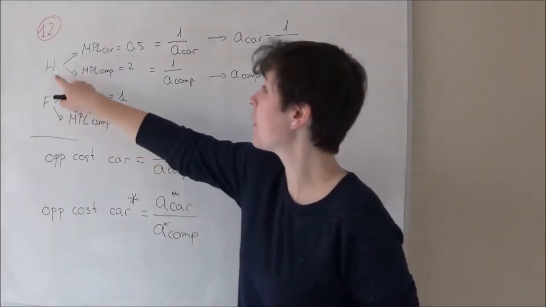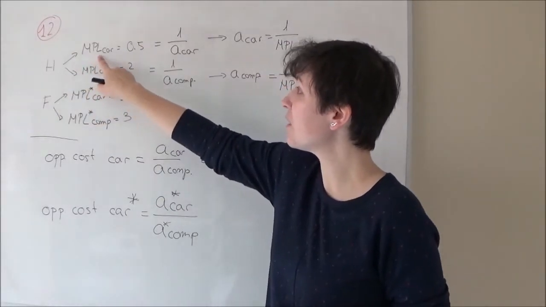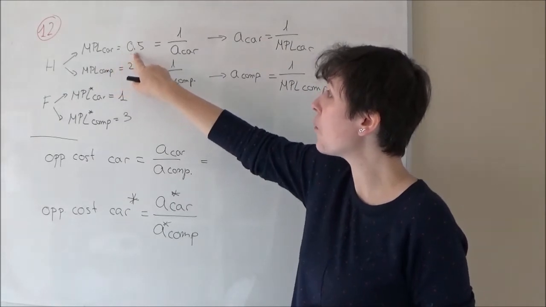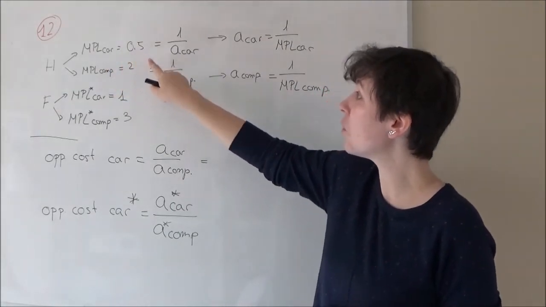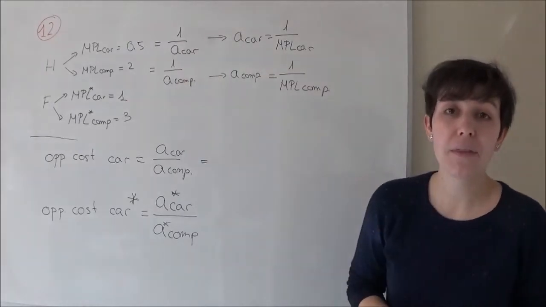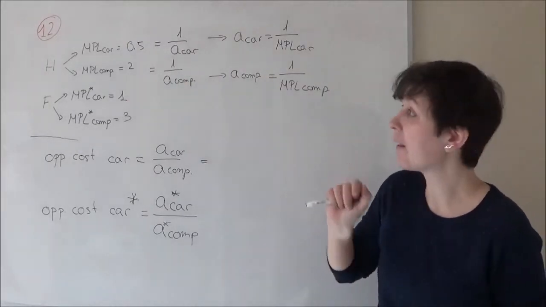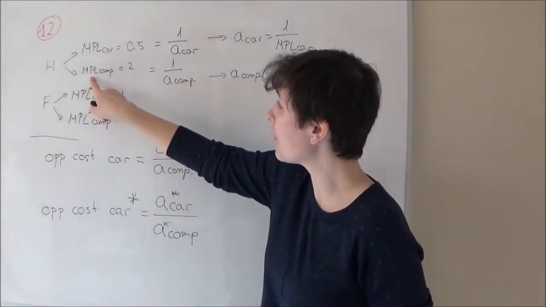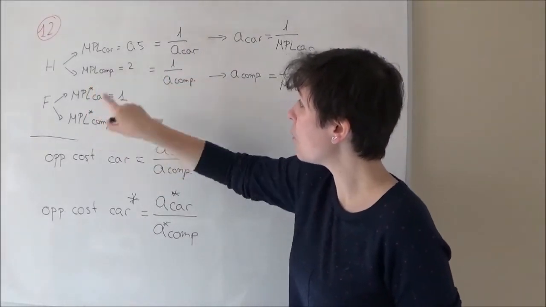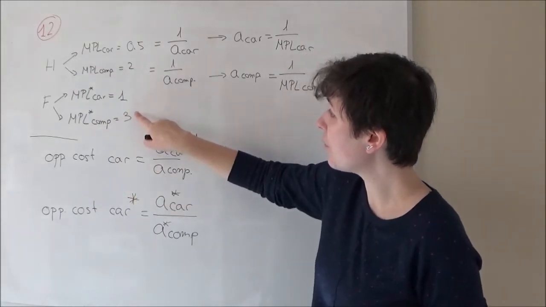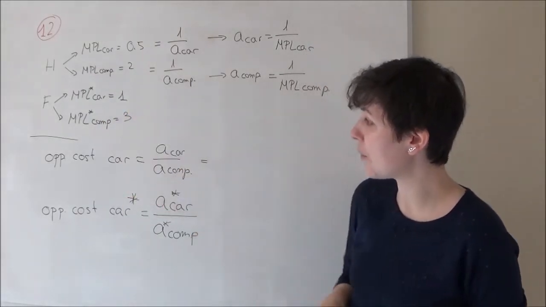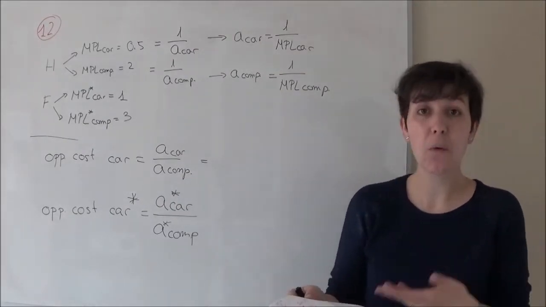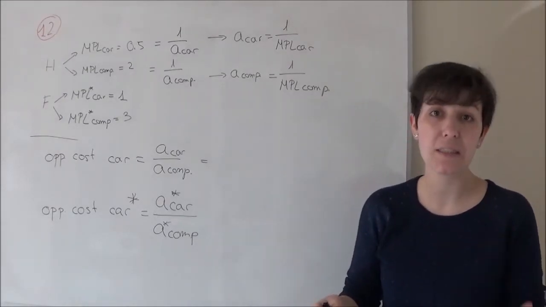So if we have that for the whole economy, the marginal product of labor in the case of car, in that industry, is equal to 0.5, that is also equal to the inverse of the unit labor requirement of car in that economy, okay? And that is for all the cases. So here we have the marginal product of labor at home in the case of computer, and here for the foreign economy, cars versus labor. So given that information, we have to say which one of the following statements is the right one.